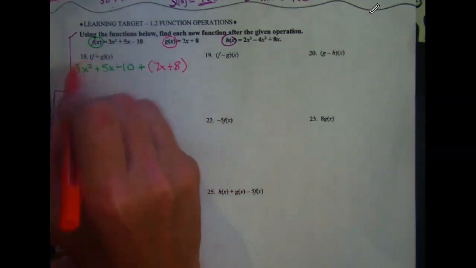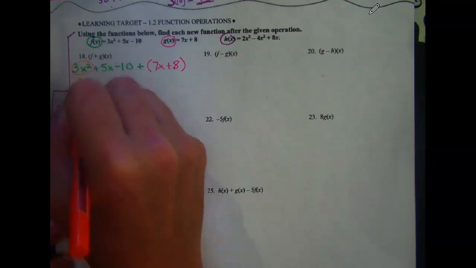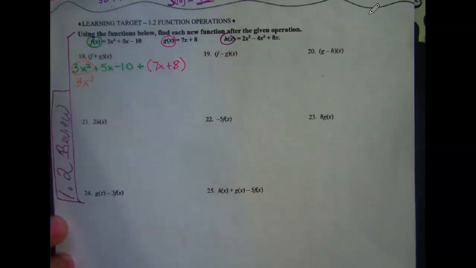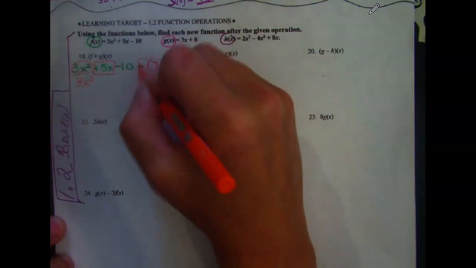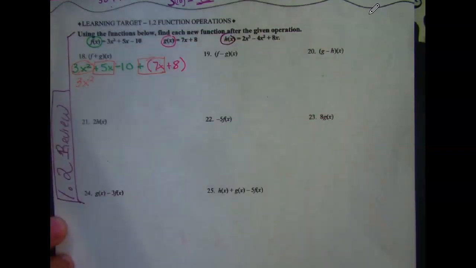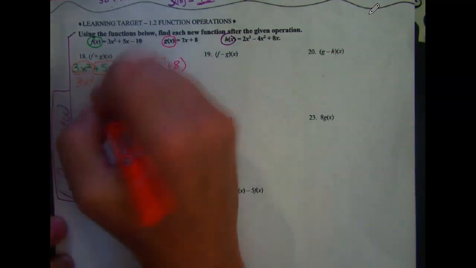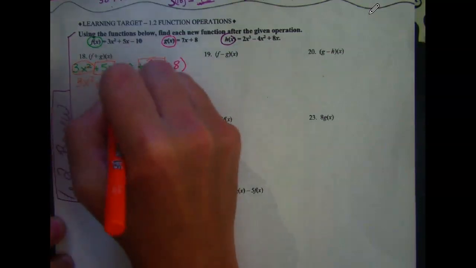So I'll do my bottom work here in orange when I combine them all. So my 3x squared can't go with anything else, so it's just dropped down 3x squared. Okay, I used that. You know I like to cross it off. You don't have to. So then I'm going to go to my x's. I have a positive 5x, and also here a positive 7x. So that's going to give me a positive 12x.